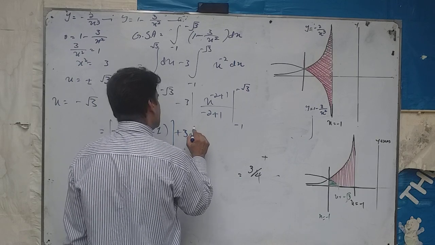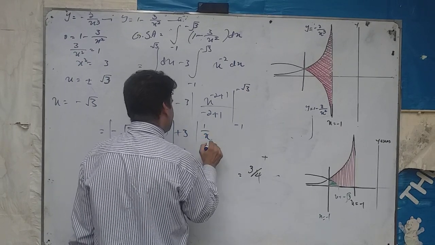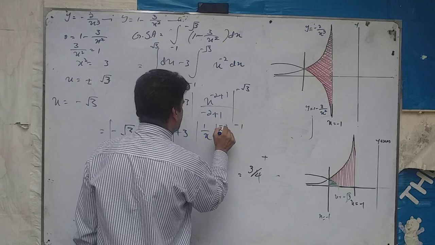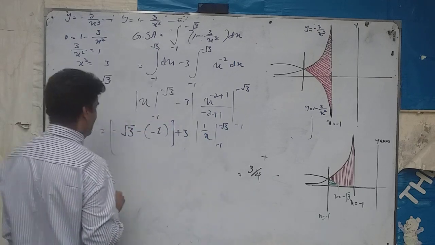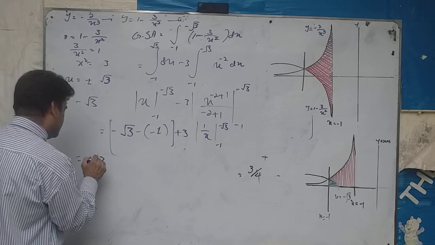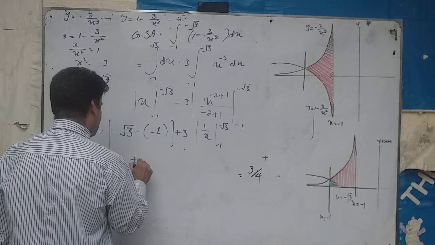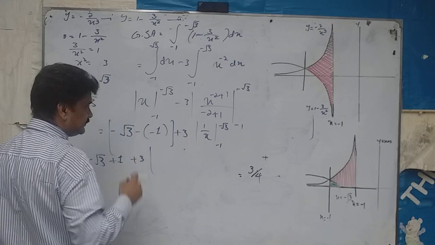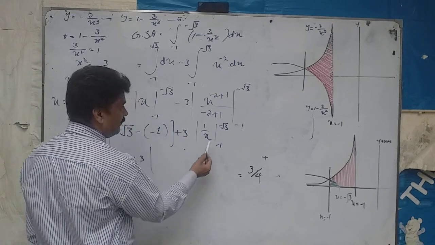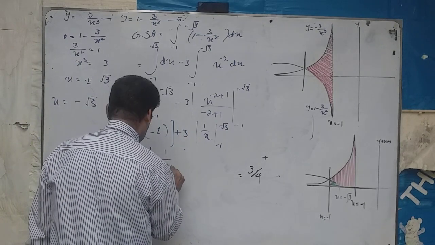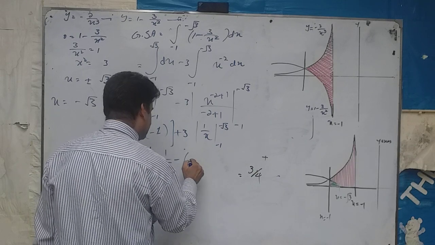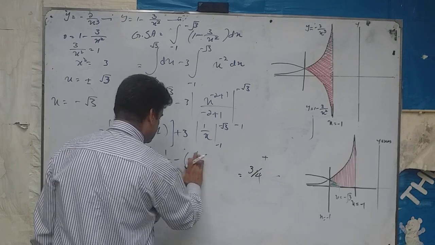We write 3 multiplied by 1 by x, with limits of integration minus 1 to minus under root 3, and we get minus under root 3 plus 1 plus 3 multiplied by 1 by, first we use the upper limit, minus into minus 1 by minus 1.